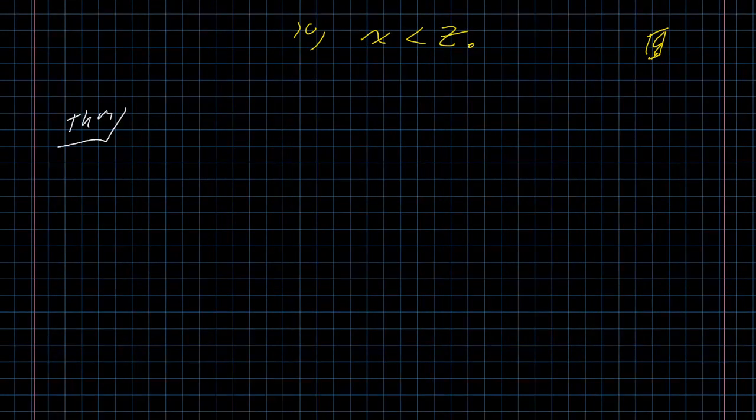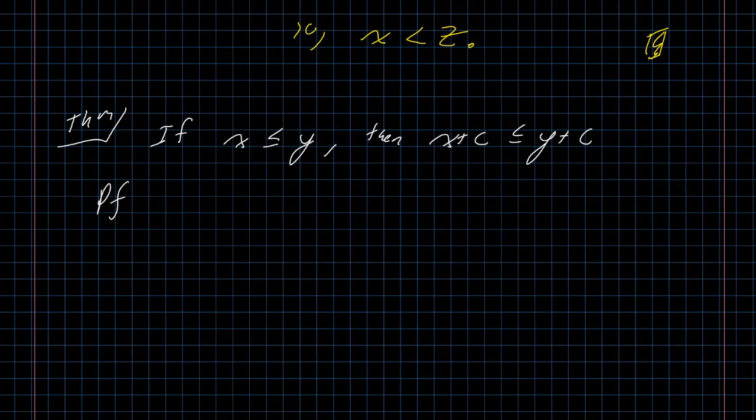It's another property of inequalities that you have used extensively in the past, but now that we have this formal definition of what an inequality means, see if you can think of how this proof would work.